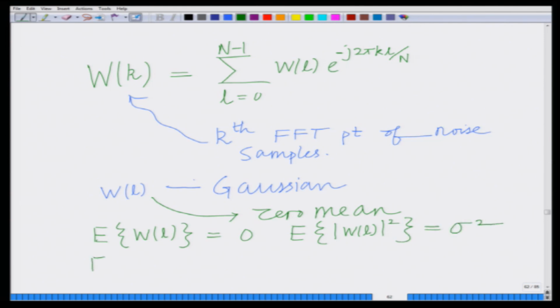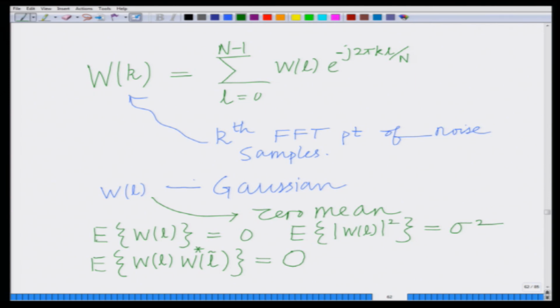Further, the noise is IID, which means the expected value of wl times wl tilde conjugate is 0, that is, two noise samples l and l tilde are uncorrelated.